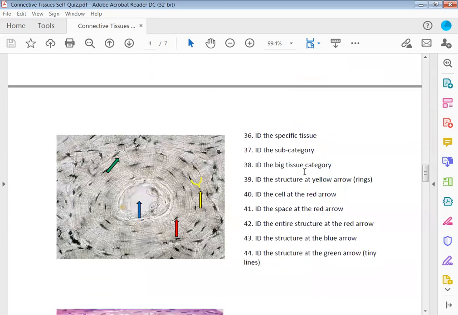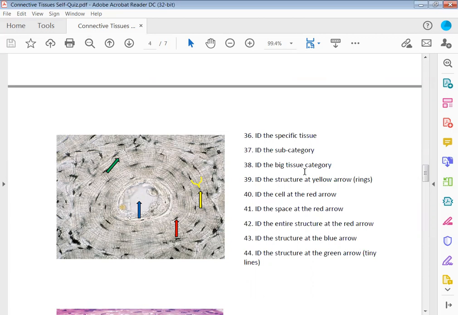Okay, now for the tissue that's pictured here with questions 36 through 44. This tissue, what you see looking at it here is it looks like tree rings. The only tissue that even looks anything like tree rings is going to be the bone. So 36, the specific tissue would be bone.